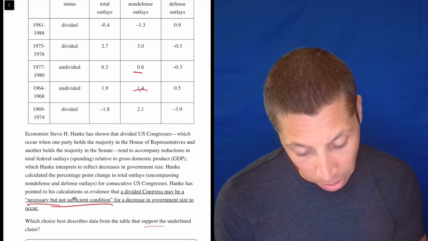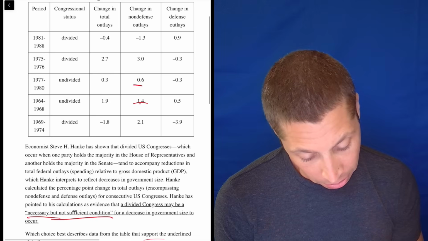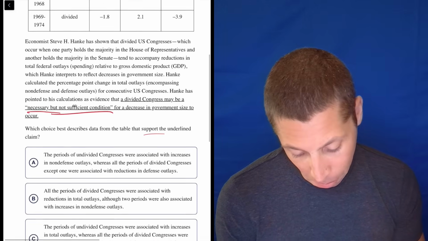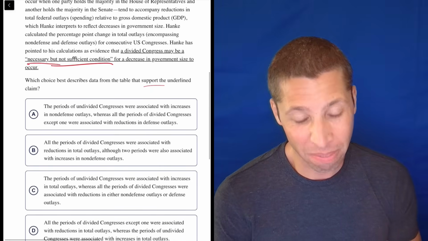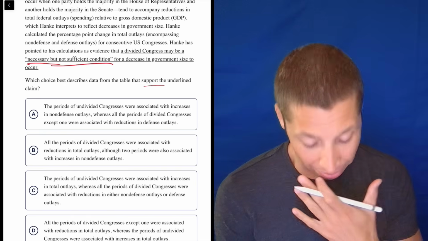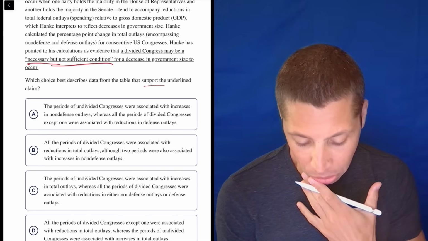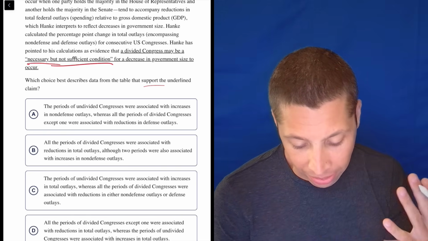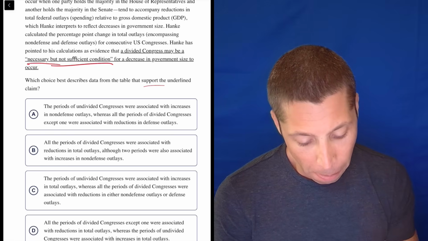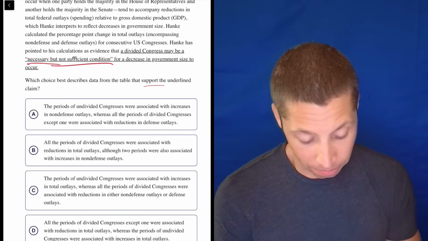No, because only one, defense outlays. I guess. Is that? Yeah, but I don't know what that's trying to say. That just seems like random facts to me. Like I don't get what that's supposed to do. Is that saying then that the divided Congress is reducing things or not? I don't know. I don't know what this means.